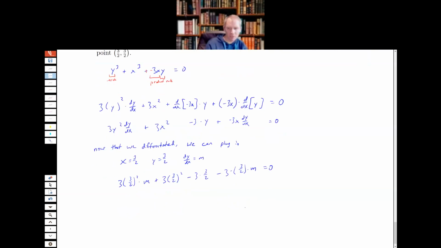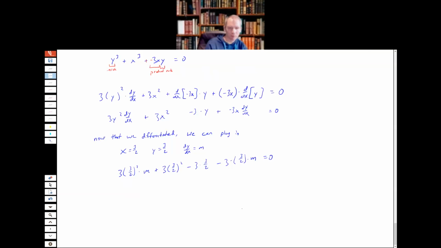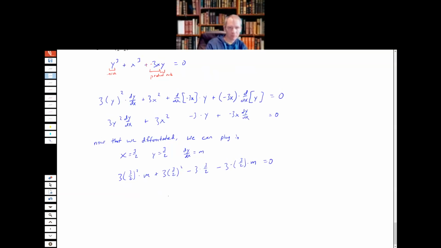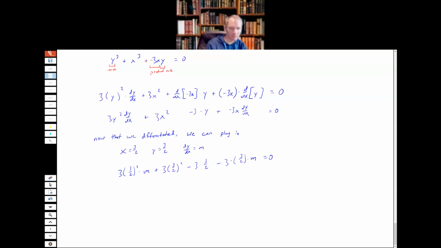The point of this is that it's generally easier to do algebra with just numbers and one variable than it is with 3 variables. Okay. So when I square 3/2, I'm going to get 9/4 times 3 is 27/4. Same thing here, 27/4 minus 9/2 minus 9/2 m equals 0.